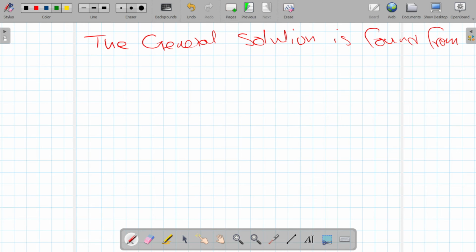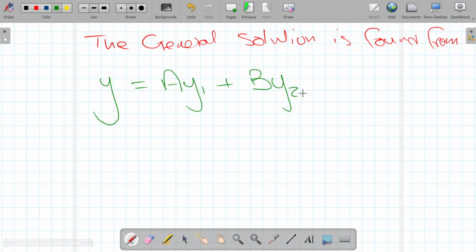So, for example, the general solution is equal to some constant a times y1 plus some constant b times y2. In fact, I'm going to call these constants something else.